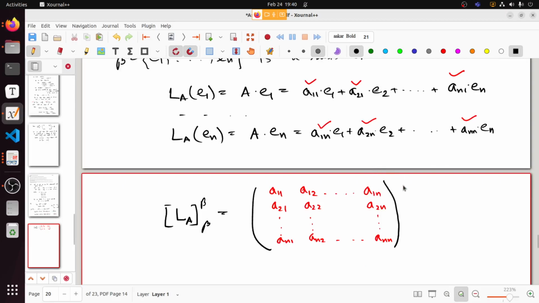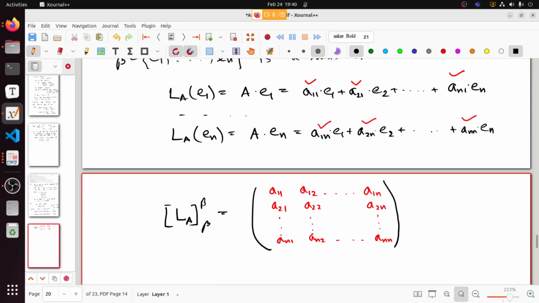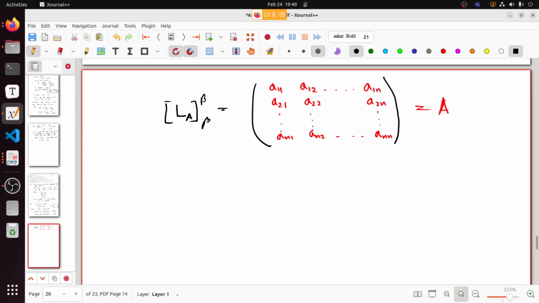Right. So now you can see that this is exactly the matrix A. So this is the matrix A. So the matrix of L_A with respect to this basis beta is A, right?